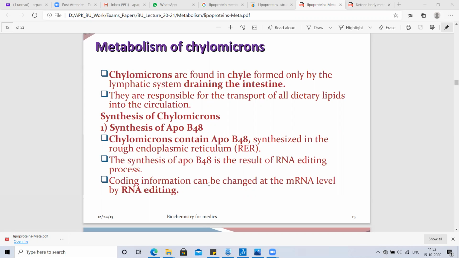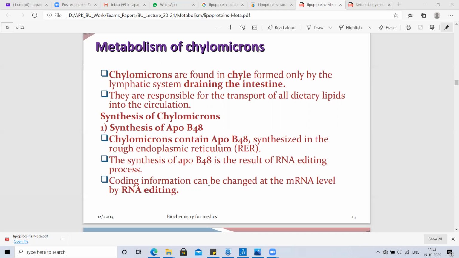What is RNA editing? Say we have an mRNA with codons for 100 amino acids, and we want only 48. I am just giving you an example, not exact. So an editor can truncate the translation of that mRNA at 48 amino acids.